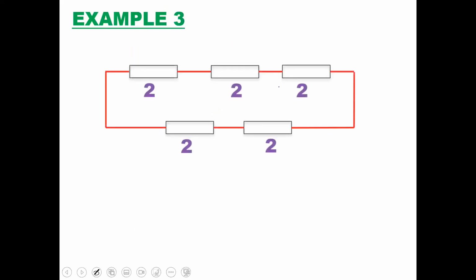Now let's do example number 3. Copy this screen.